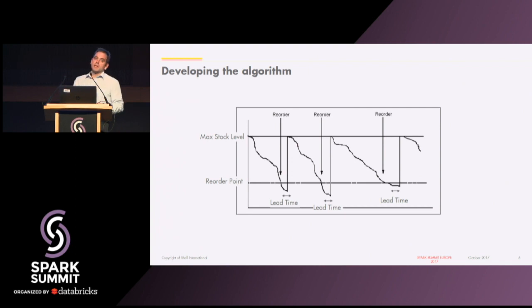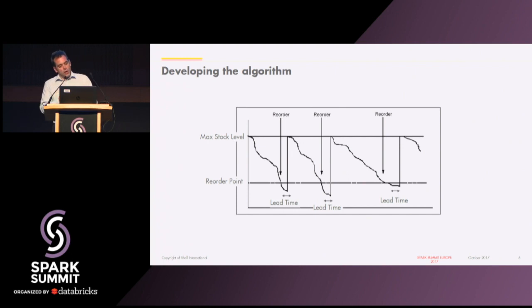The time it takes between when you order the part and it arrives back is referred to as the lead time, right? And the key thing we're trying to do here is estimate what is the most appropriate reorder point, right? How many do we need in stock to last us, say, 30 days, okay?